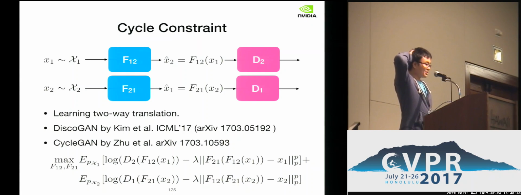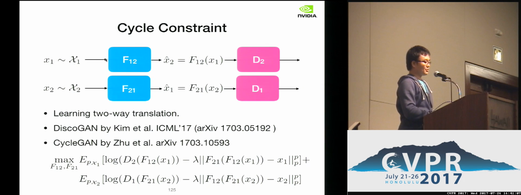And this is probably one of the most exciting papers since the beginning of this year: the cycle constraint for unsupervised image-to-image translation. What is this idea about?